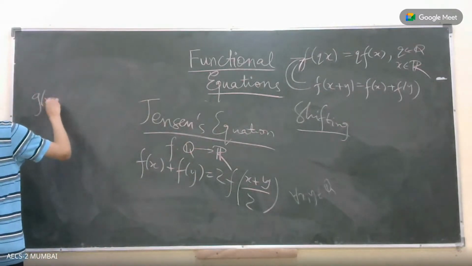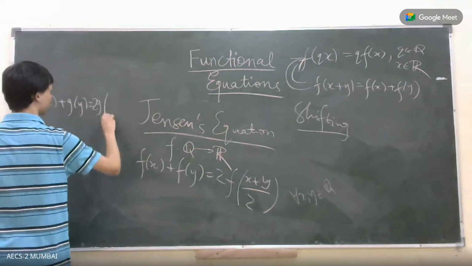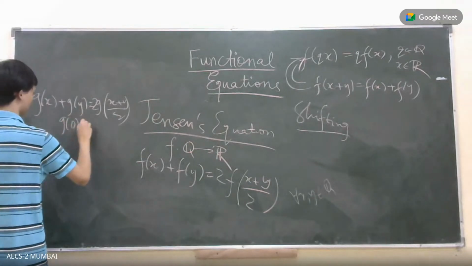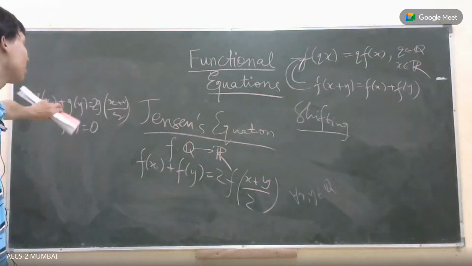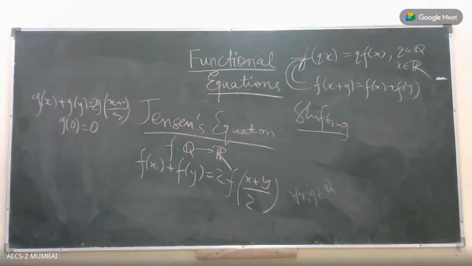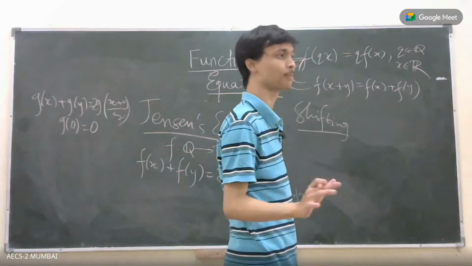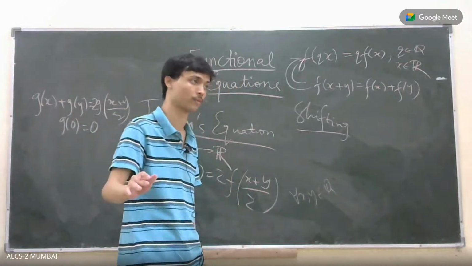So we have g(x) + g(y) = 2g((x+y)/2), and we also have g(0) = 0. This was the main example of shifting. Now you have to manipulate. I'll tell you some standard recipes for manipulation. The first, most obvious and stupid one is put everything 0.